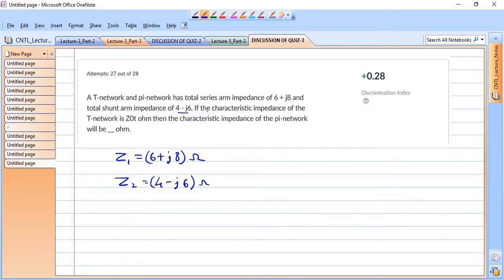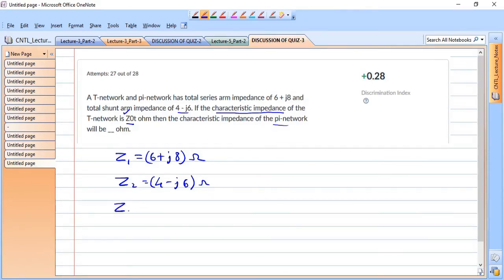So we have to assume that the characteristic impedance of the T network is Z0T, and we have to determine the characteristic impedance of the pi network. We have to express it in terms of Z0T.